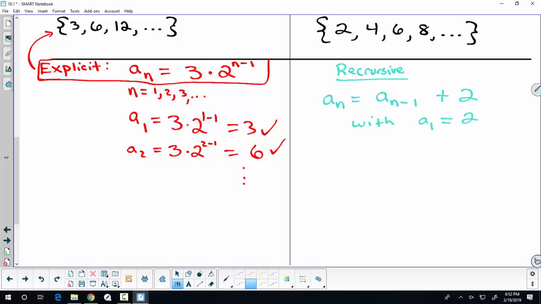And once you have a recursive one, we could also define it as the next term is the previous term plus 2. So it's just the same way to write what we've already written. So those things aren't unique. There are multiple ways to represent a sequence.